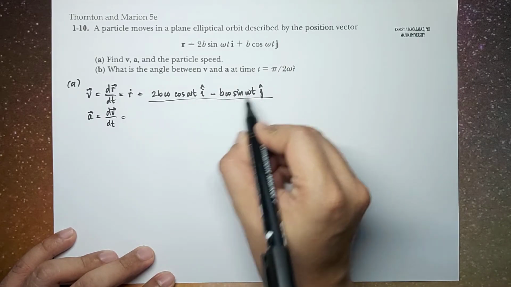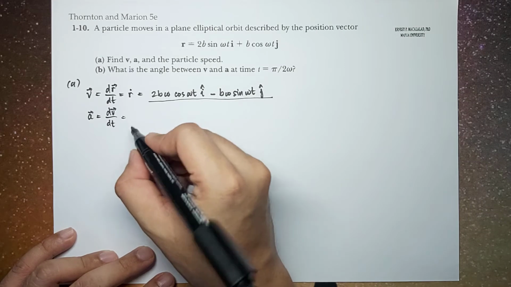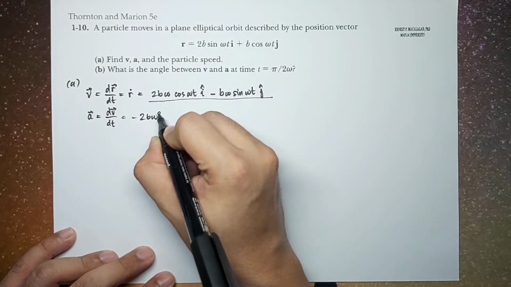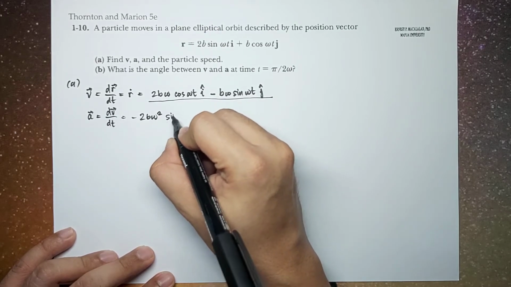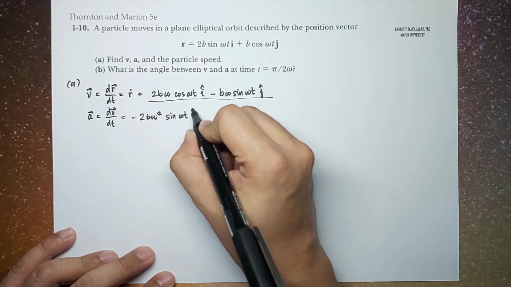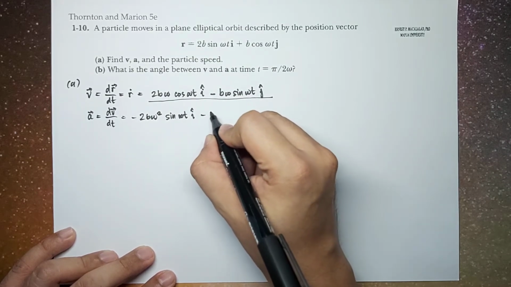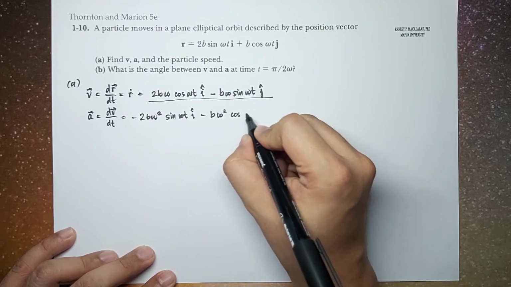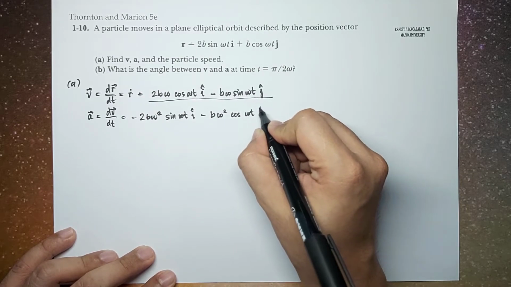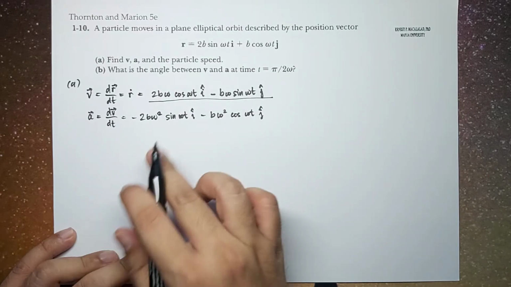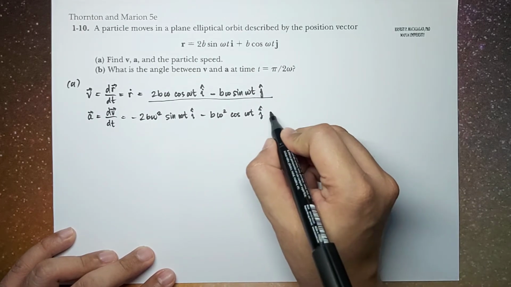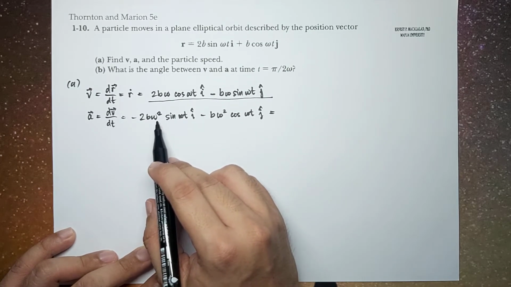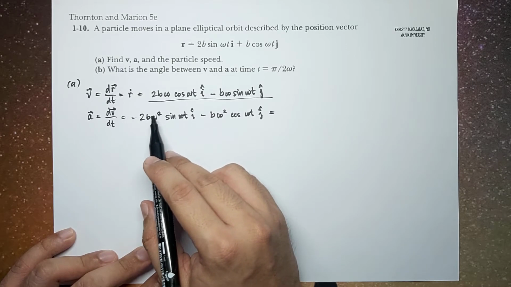Differentiating this with respect to time gives us negative 2b omega squared sine omega t i hat minus b omega squared cosine omega t j hat, which we can simplify by factoring out omega squared and the negative.